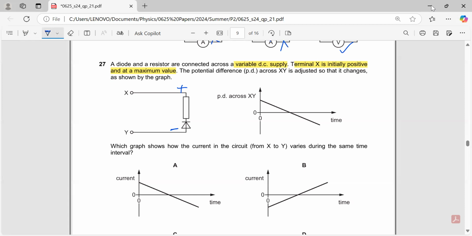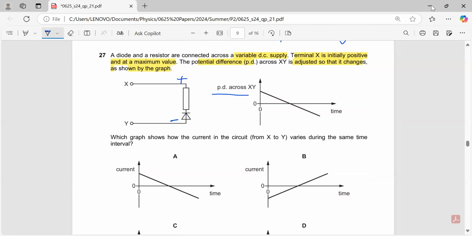So the potential difference across X, Y is adjusted so that it changes as shown by the graph. Here is the graph which is given to us, moving from positive toward the negative terminal. It will be on both of the axes, switching the positive side and the negative side.